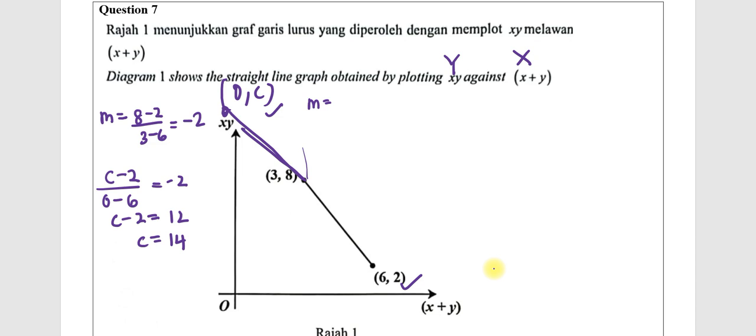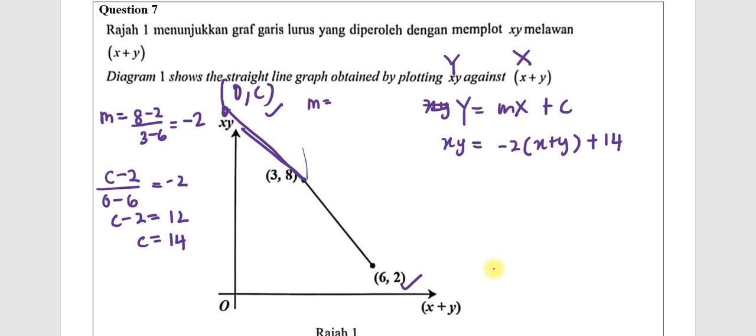Sekarang we need to express y in terms of x. That means non-linear tu jadikan linear. So xy, we start from y equal to mx plus c. Xy equals to gradient negative 2, x is x plus y plus 14.